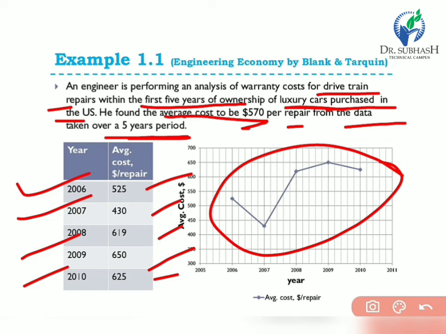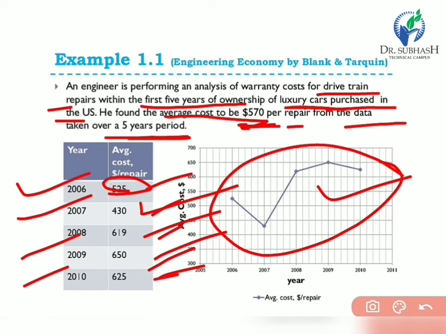In this graph we show that in the first year we spent $525 on the first repair. In the second we spent $430, so it is lower. After that we show it here and also show a graph. The average of it is $570.